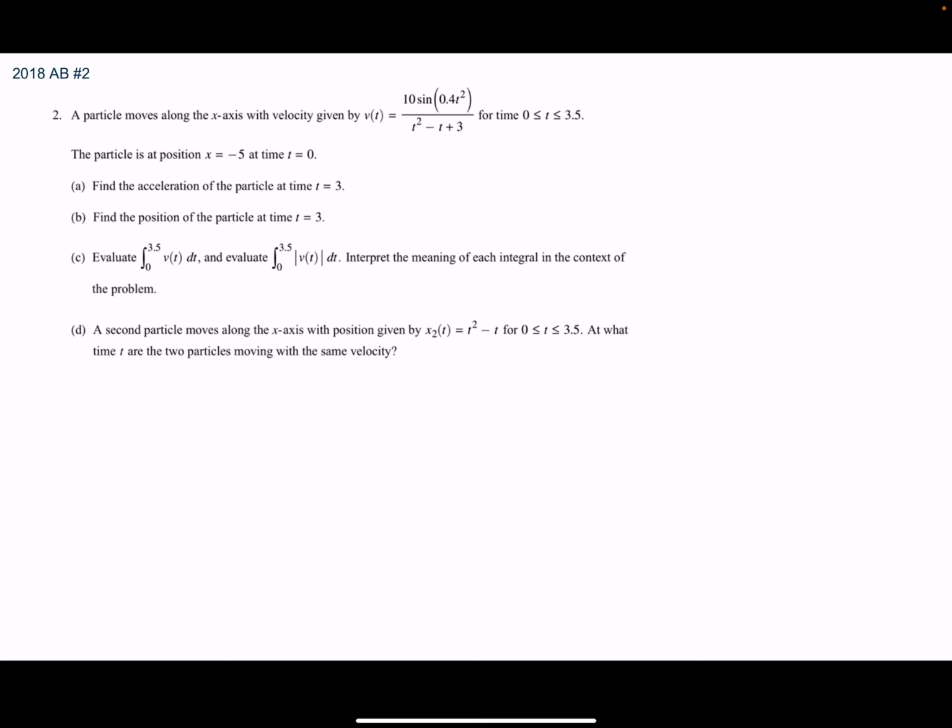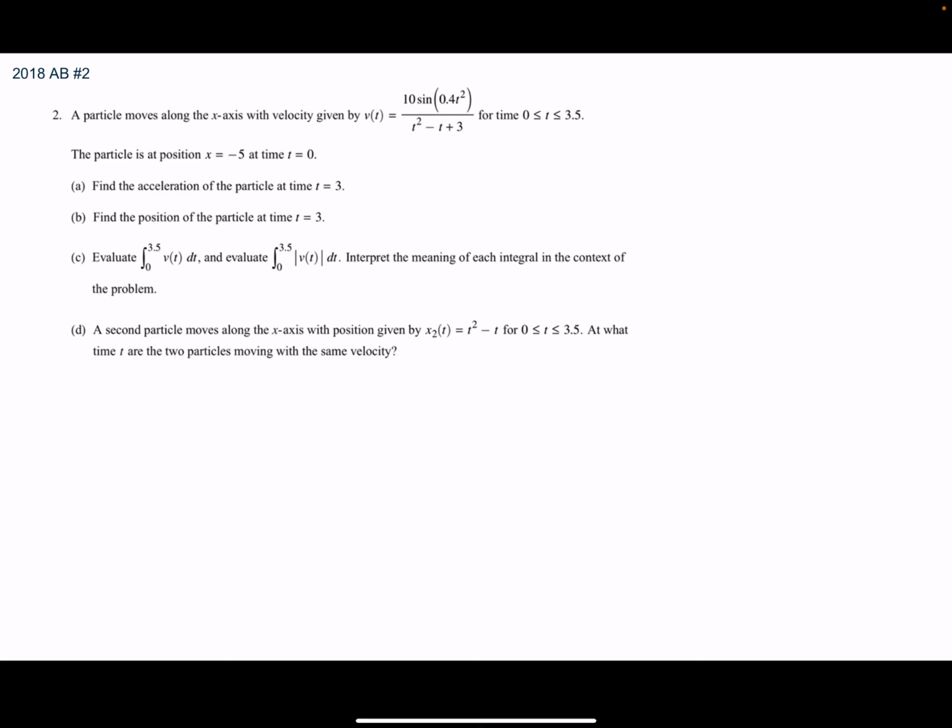So I put V of t into my calculator under Y1 right away. And for part A, when it asks to find the acceleration, you see how it doesn't ask you to show your work or justify your answer. It just asks for the acceleration of the particle.